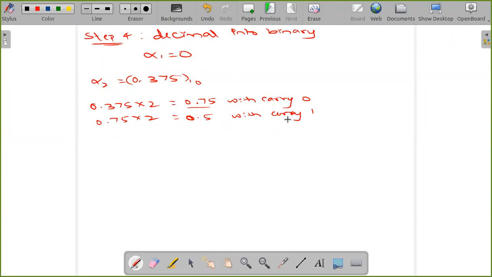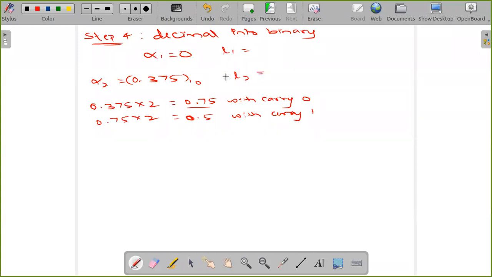Now how many values do I need to expand this? It is again based on your L values. If I want to expand this, I want to know the value of L2. L1 I already got, and L1 is related to alpha 1.